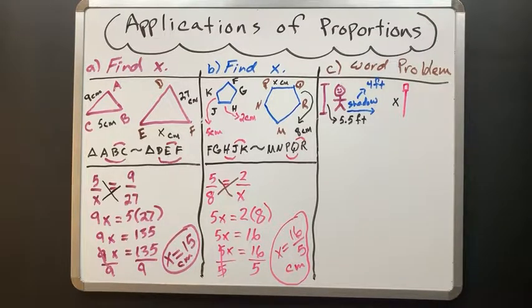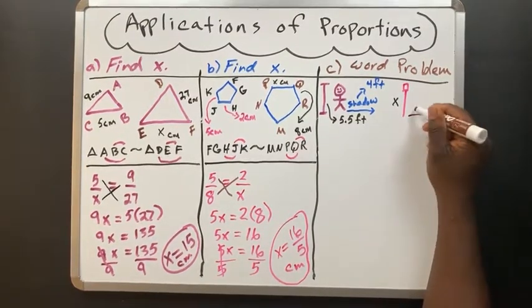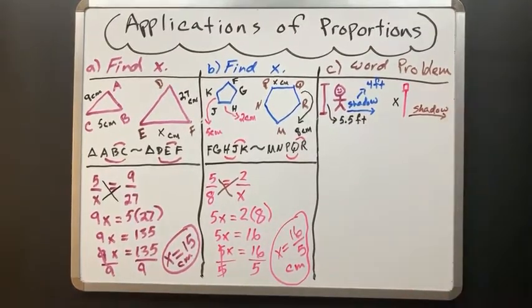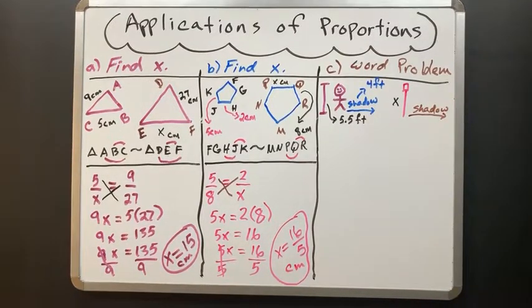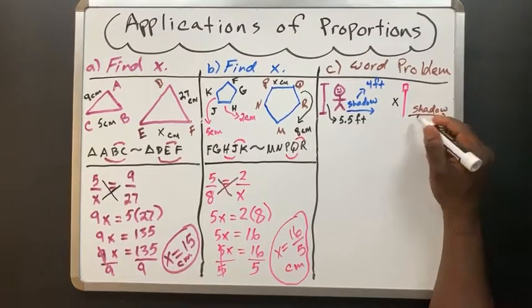And the pole casts a shadow. This is the shadow. And the length of the pole's shadow is going to be 20 feet long.